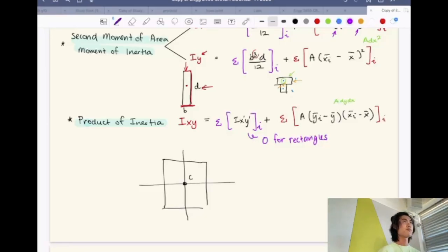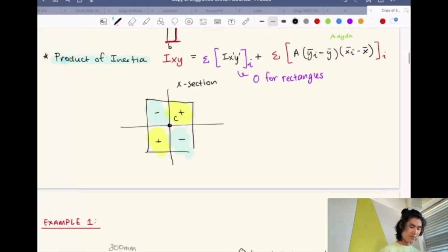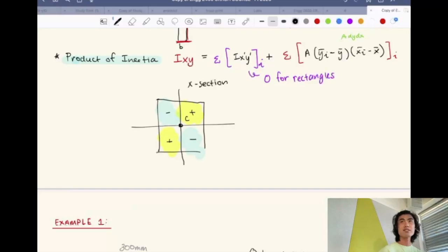If you were to take this diagonal, and then the opposite diagonals, the inertia here should cancel out with the inertia here. It's more of a cross-section thing. You know that it's 0 because all of these sections sum to 0 together. You can think about it in a T shape as well.